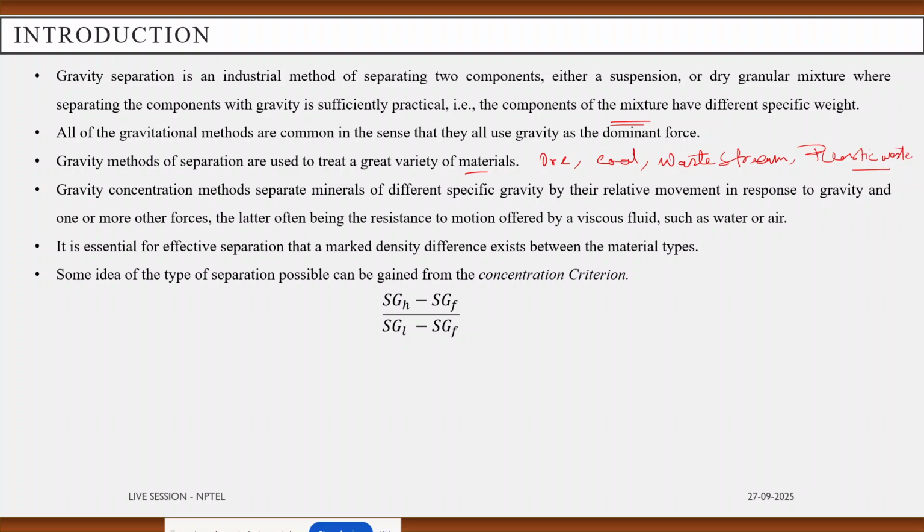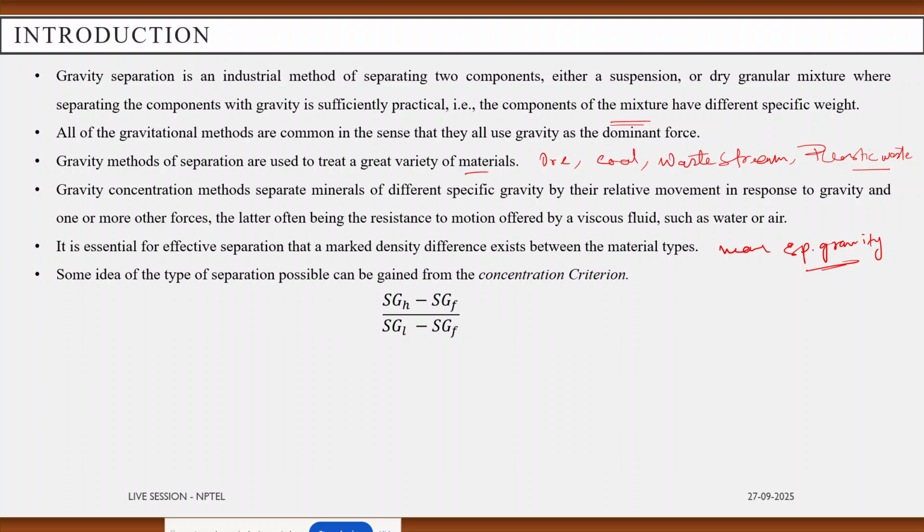If the particles are in the range of near specific gravity, then it will be difficult to separate by such a method. So in that case we have to change the specific gravity of the fluid medium by different methods that we will discuss.